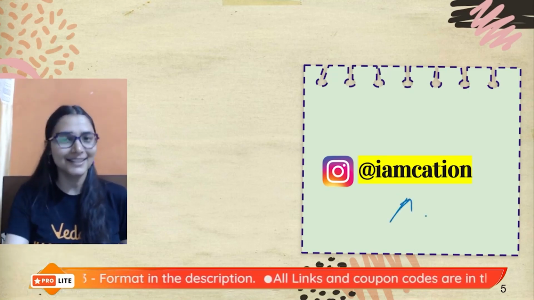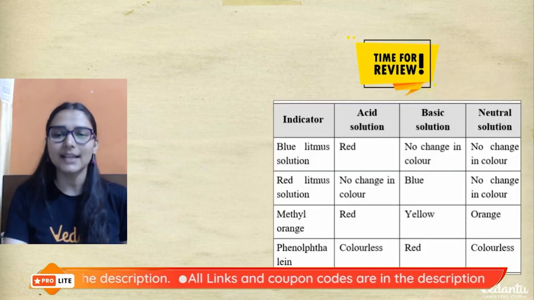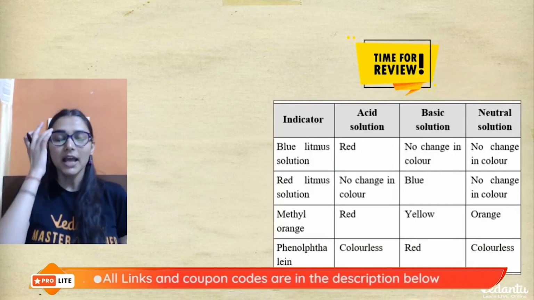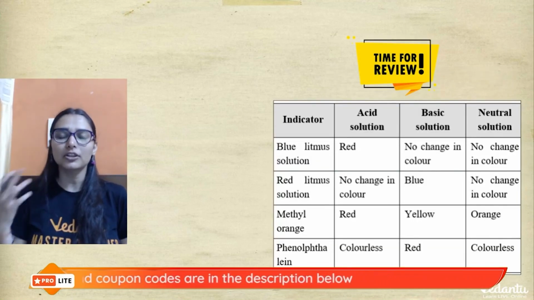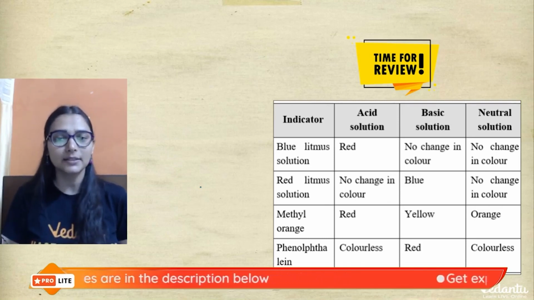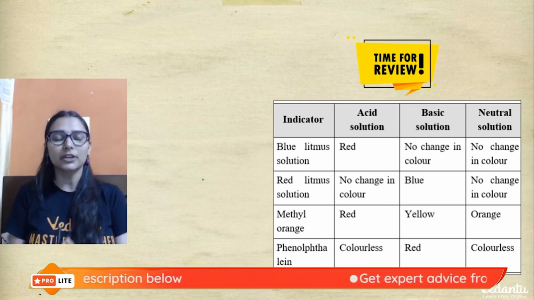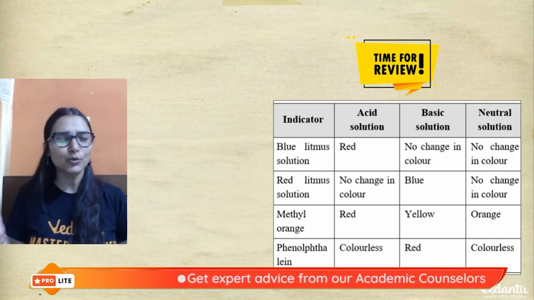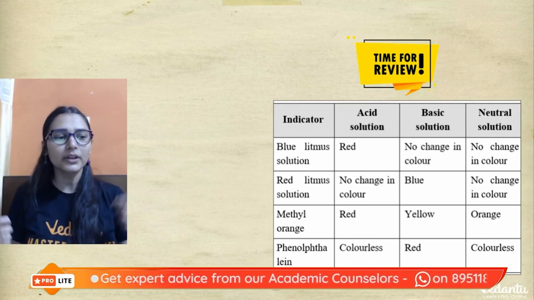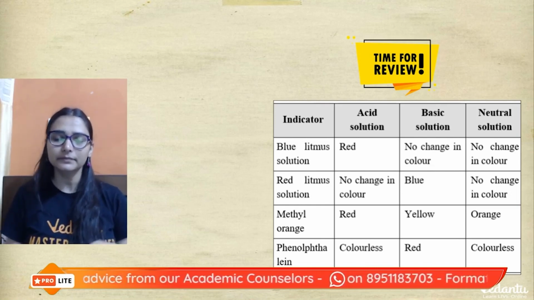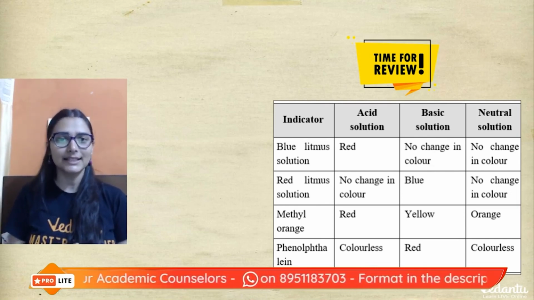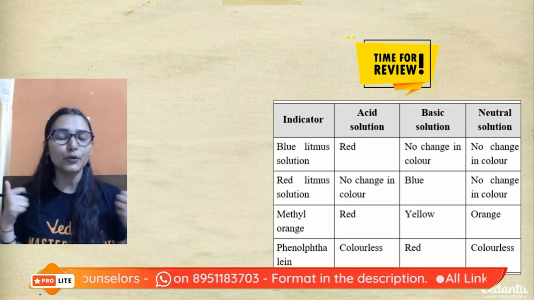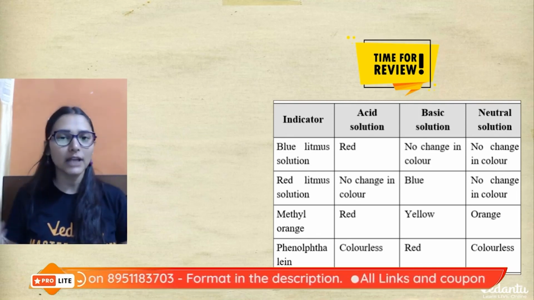We are starting with the chemical reactions. In the past class, we've already talked about the physical nature of acids and bases. I told you acids are generally sour to taste, bases are generally bitter and soapy to touch. Then I told you, if you have an unknown solution and you want to know whether it's an acid or base, you are not supposed to taste it, you are not supposed to touch it.